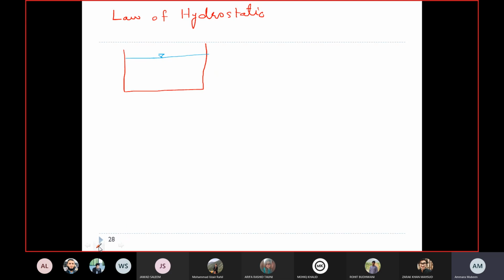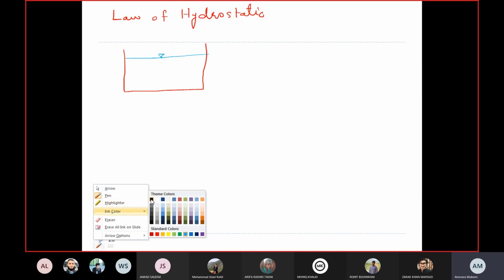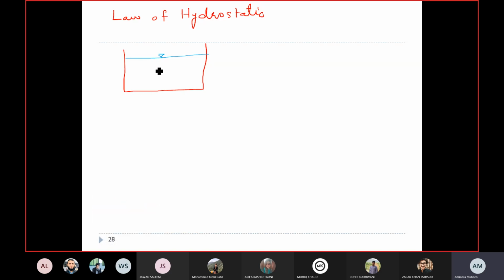And there are 2 points inside it that would be used for the expression of law of hydrostatics. Okay, 2 points. One is here and the other is here. Point 1 and this is point 2.